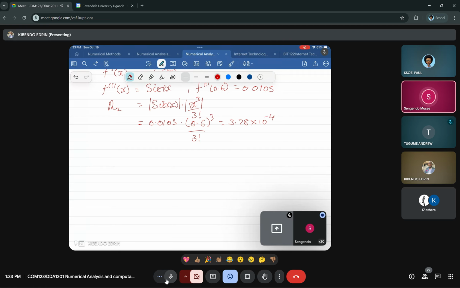Because we are sure that that value, which you have written there, 0.0105, is less than 1. Remember, the function before was in magnitude form, the magnitude of that value. And so if we just write 1, still we are sure that it is less than 1.